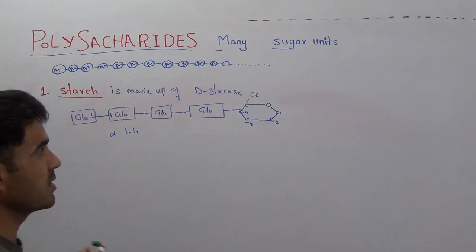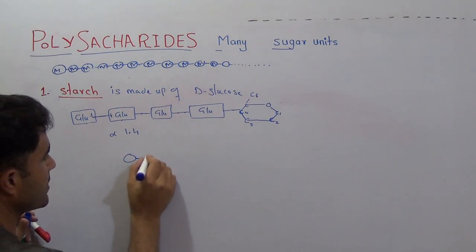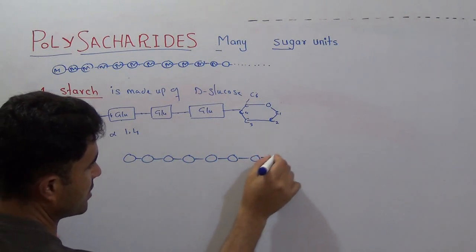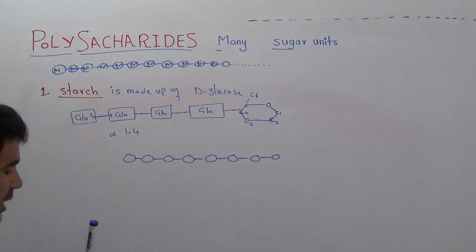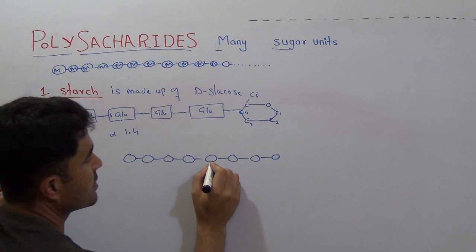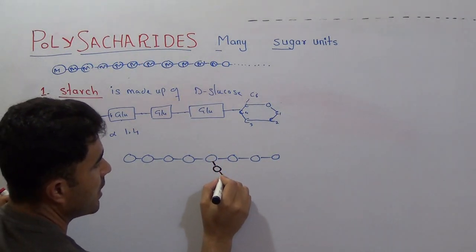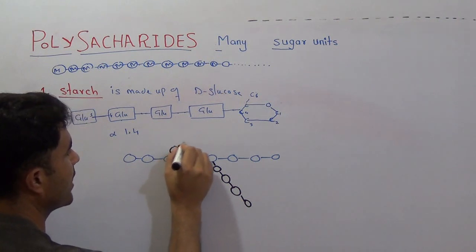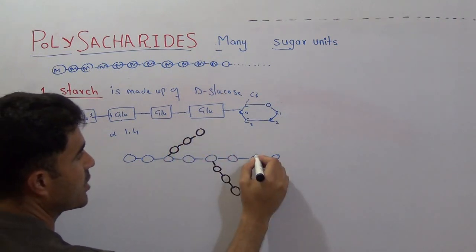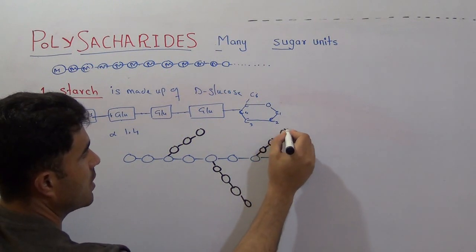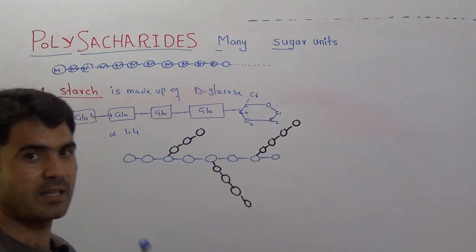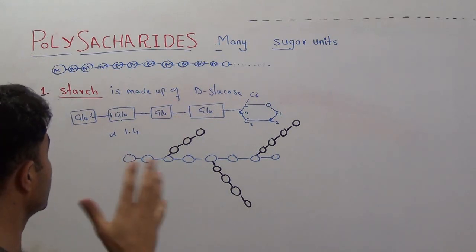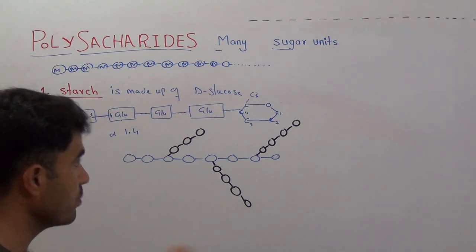If you go like this, this is called the main chain, the straight chain. At some point you will see a branch, and more branches. Here you will find another branch. These branches are the characteristics of the polysaccharides, especially starch and glycogen. They have so many branches.